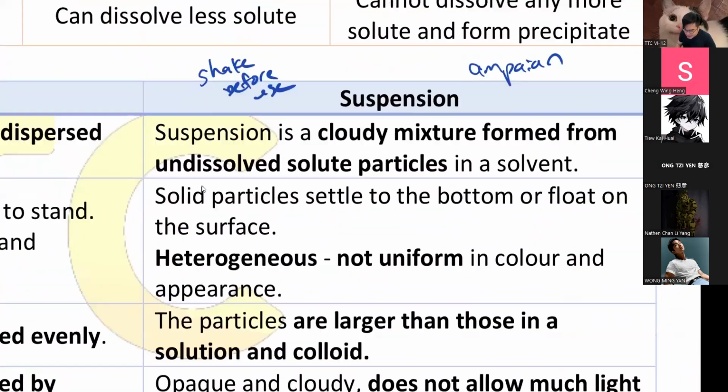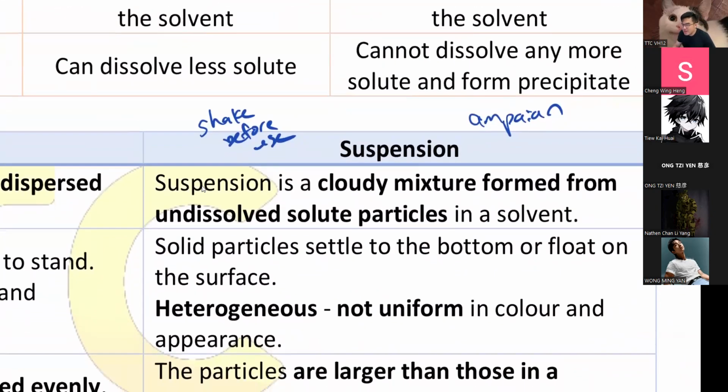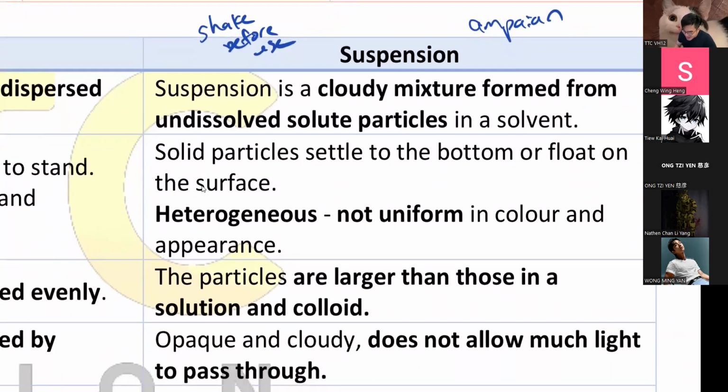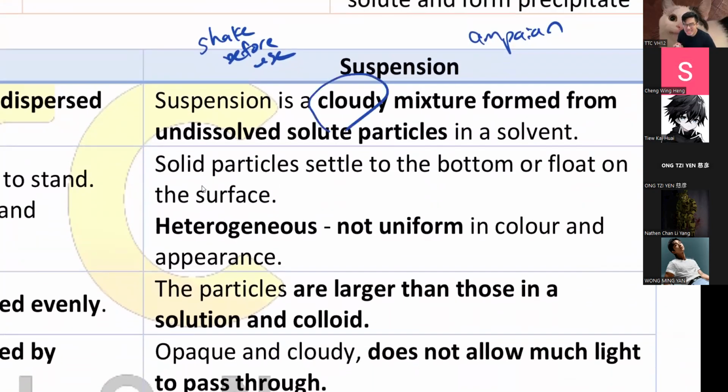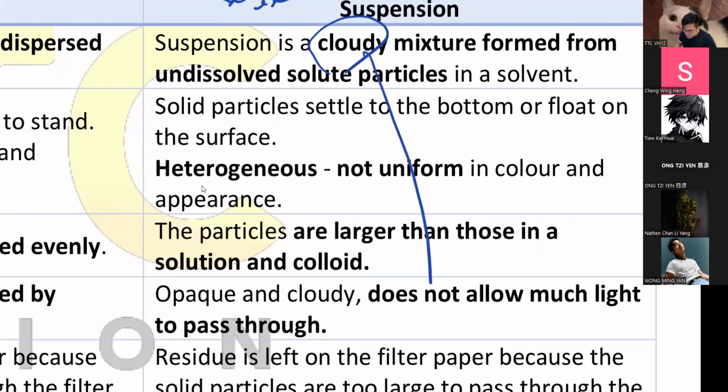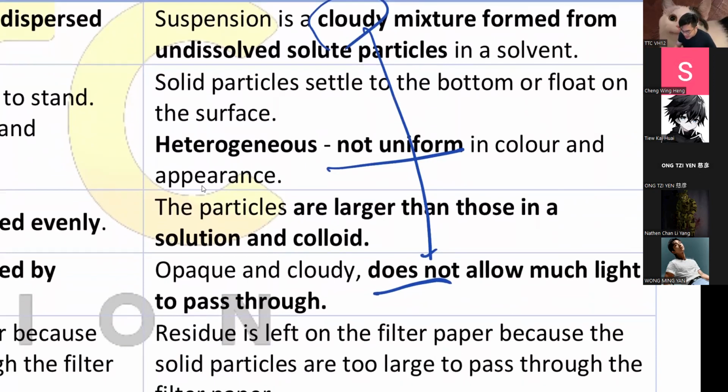But let's look at suspension. This is the complete opposite. Suspension is like your sand water. They are cloudy, that means they look dirty. They don't look clear, and since they're not clear, they don't allow light to go through. They are not uniform. You need to stir them because they will sink to the bottom. Their particles are larger or can be seen.